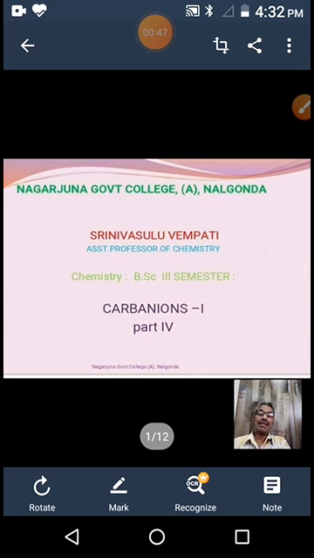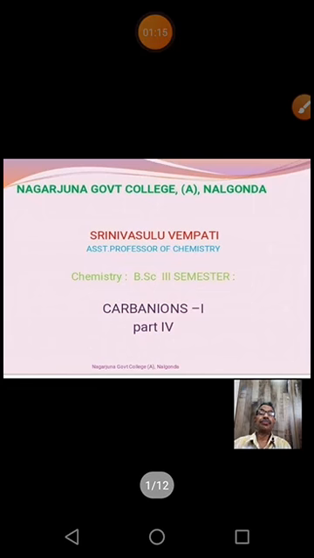Then we discussed alpha hydrogens, different compounds with alpha hydrogens, their pKa values, and compared their acidity with pKa values. Then tautomerism. What is tautomerism? Which compounds exhibit tautomerism? And tautomerism and tautomerization in different classes of compounds.